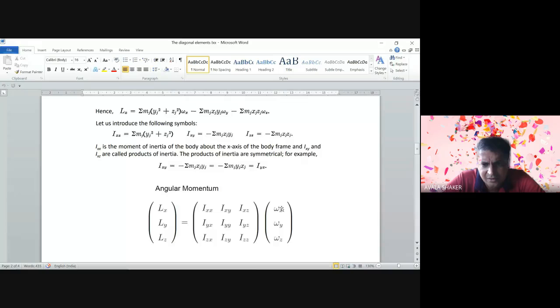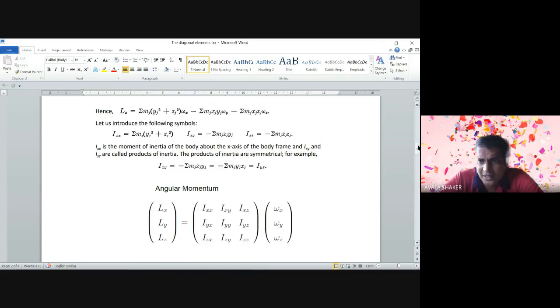You multiply with omega x, omega y, omega z, and we will get this. Similarly for Ly and similarly for Lz. Okay, so we have the angular momentum in terms of components Lx, Ly, Lz, and we have put it into a matrix form.